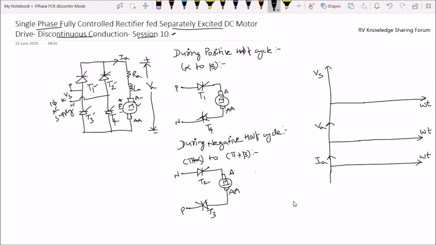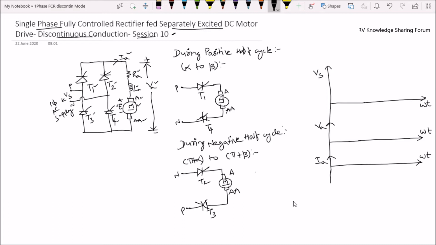Here A and AA represent the armature terminals of the DC motor, E represents the back EMF of the DC motor, LA represents the armature inductance, RA represents the armature resistance, and IA represents the armature current. Here VA represents the armature voltage across the armature terminals of the DC motor.